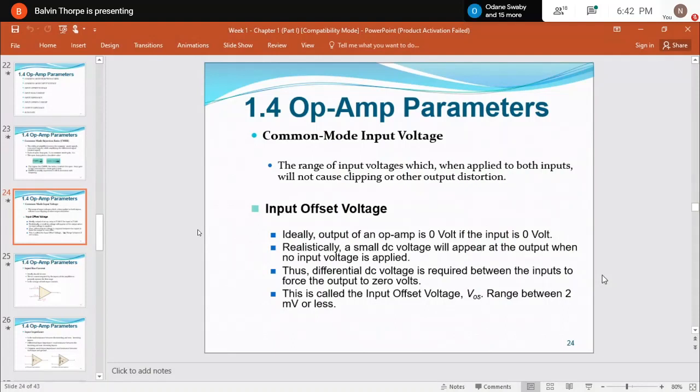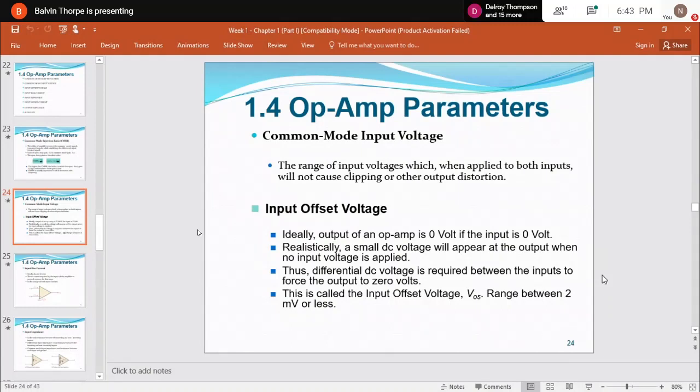So to be sure that our output voltage is really 0, we have to correct that process from the inside, or we can correct that process from the input side. Meaning, put a meter on the output.